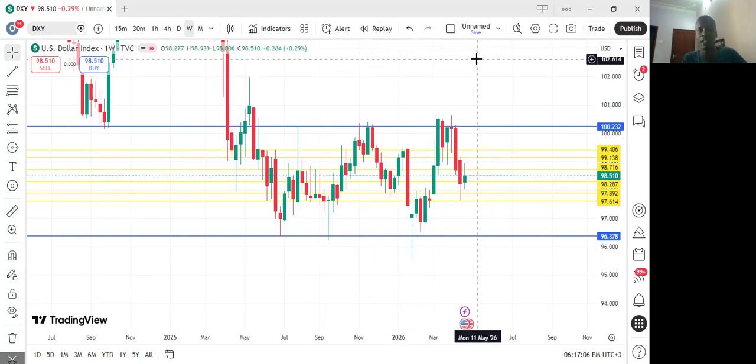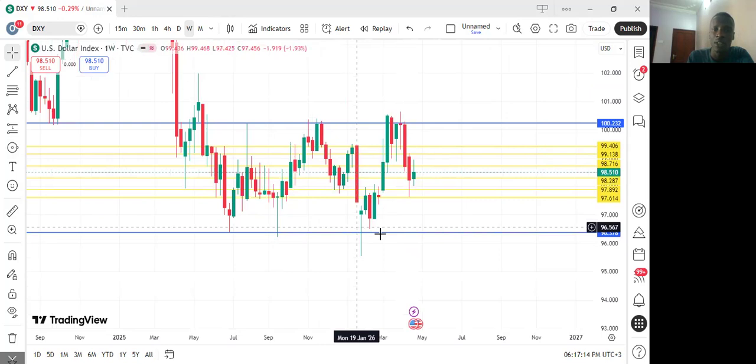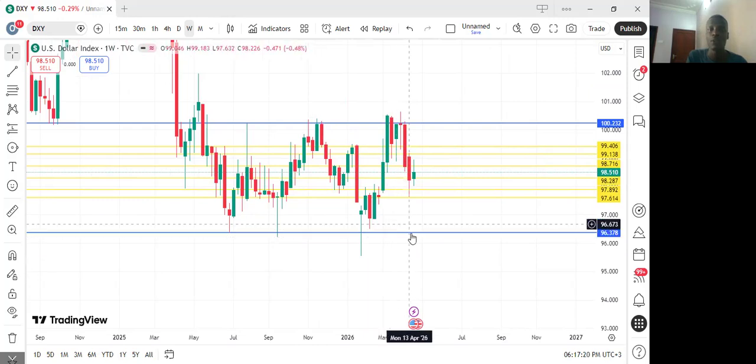So the market is currently in a phase of consolidation. On the weekly time frame, my next area of target is this lower level, which is 96.378. This is my next key target on the monthly. On the weekly time frame, my next key area of target is at the support level, because the market is moving up and down. So that's a ranging market, or it's in a consolidating phase.